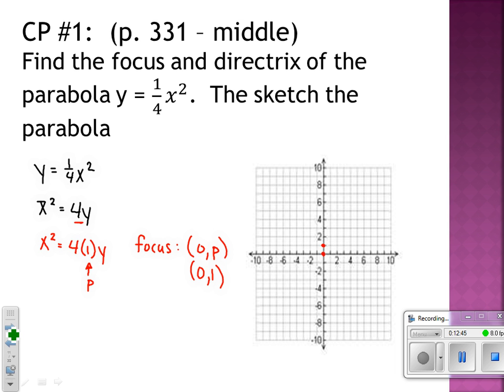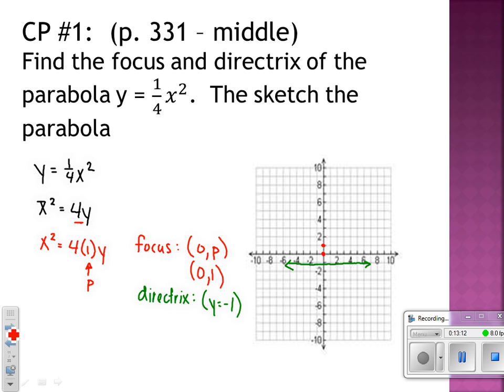So my directrix is going to be this line. Now you need to come up with the equation of that line. That would be the line y equals -1. Remember how that previous slide said the directrix was going to be y equals -p? Well, there you can see it put into play from our diagram.